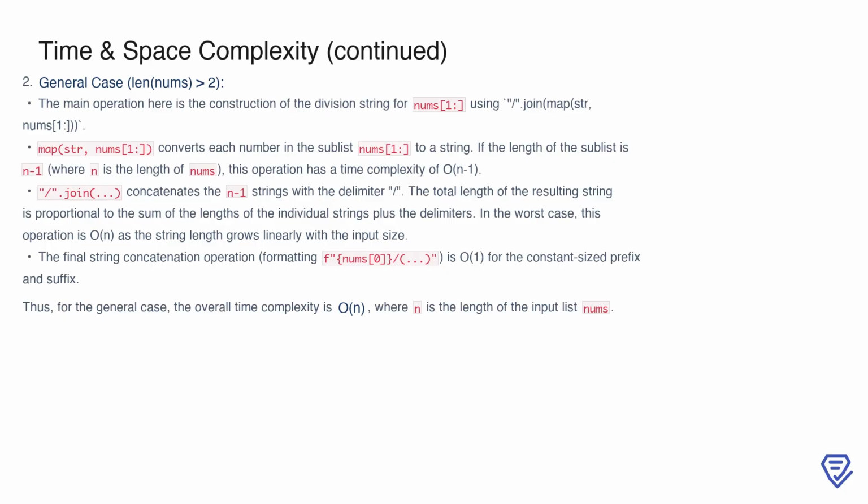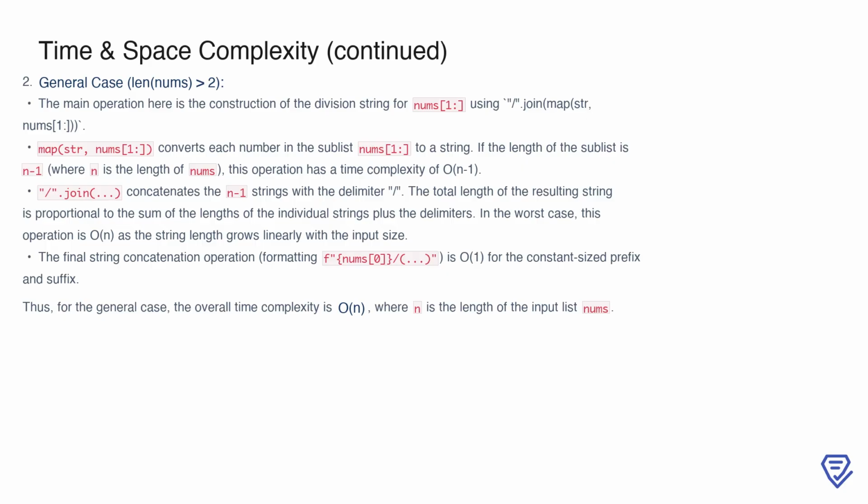In the worst case, the time required for this operation grows linearly with the size of the input, making it O(n). Finally, the construction of the overall string, which formats the result as an f-string with nums[0], is a constant time operation because it only involves adding fixed size components. Therefore, for larger lists, the overall time complexity of the solution is O(n), where n is the length of the input list.